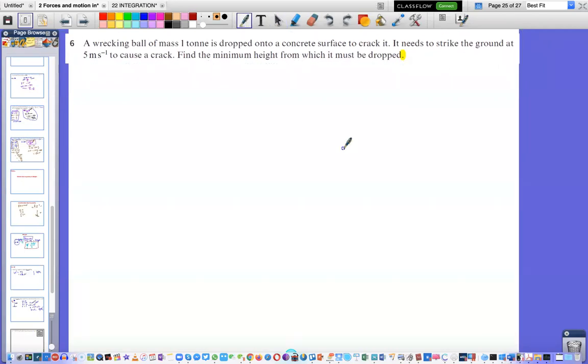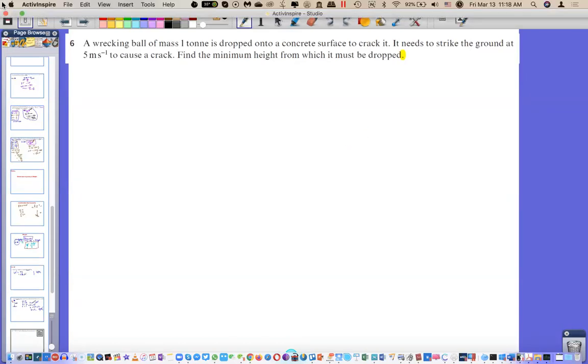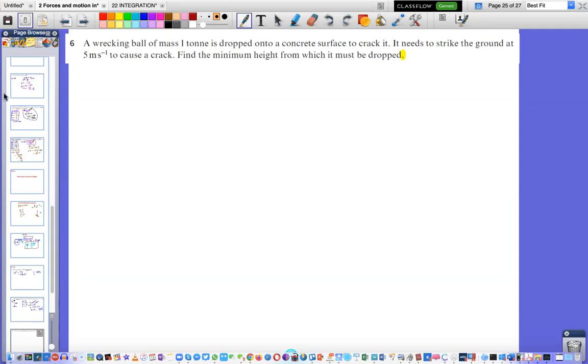We are told that a wrecking ball of mass 1 ton is dropped onto a concrete surface. To crack it, it needs to strike the ground at 5 meters per second to cause a crack. Find the minimum height from which it must be dropped.